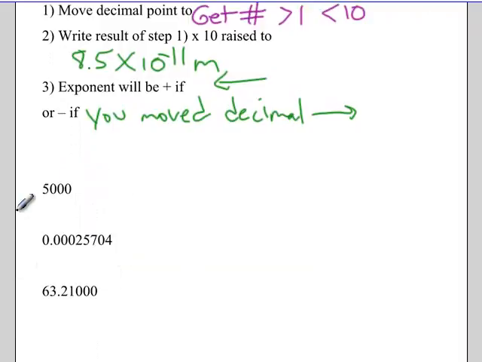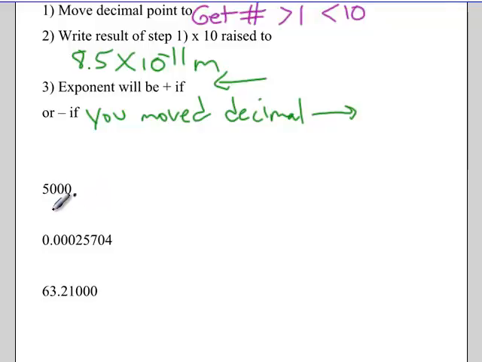So here are three numbers that are in normal notation. You notice in the 5,000 example there is no decimal point. And later on, whether a number has a decimal point or not is going to be an important concept for a different reason. But for now, if there were a decimal point, it would be right here.